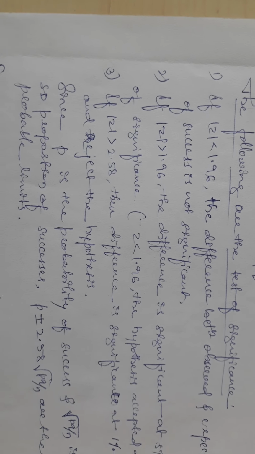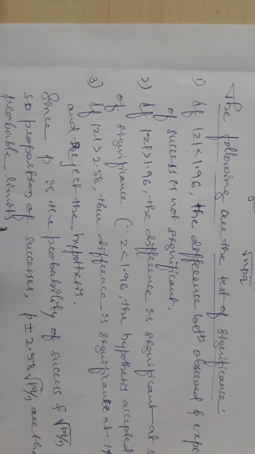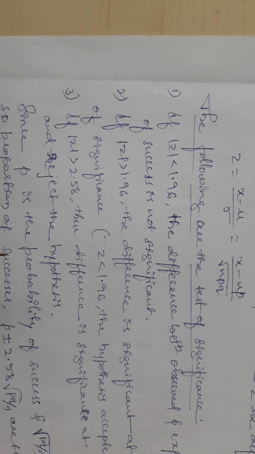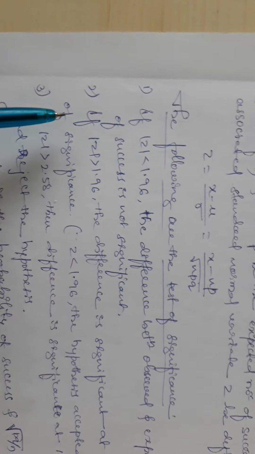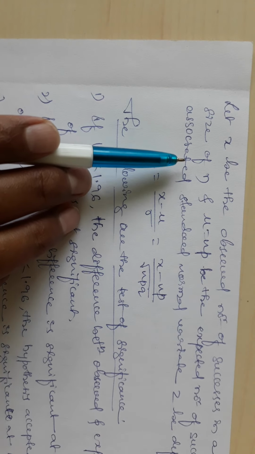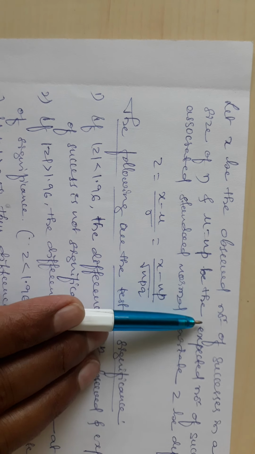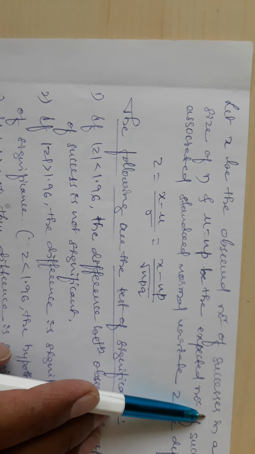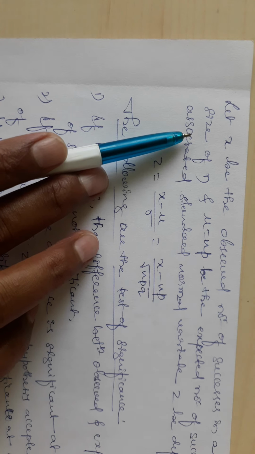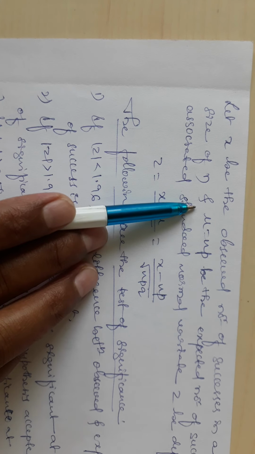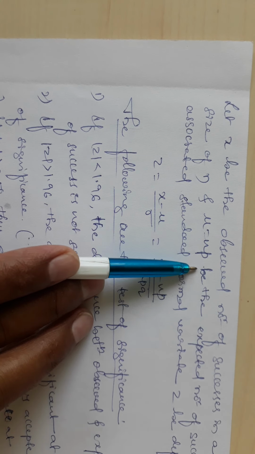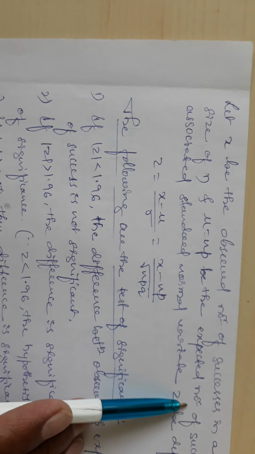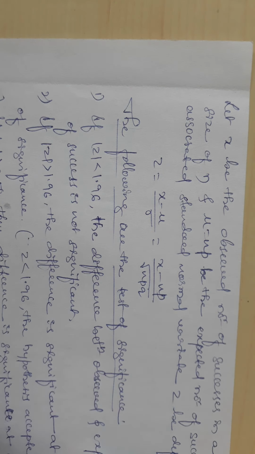Now, before going to examples, we can see some more testing of hypotheses results. For that, let x be the observed number of successes in a sample of size n, and mu equal to np be the expected number of successes.